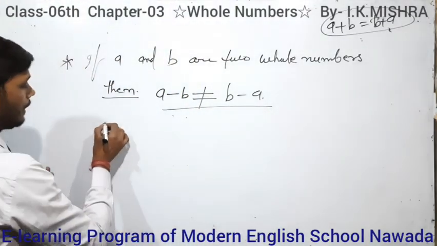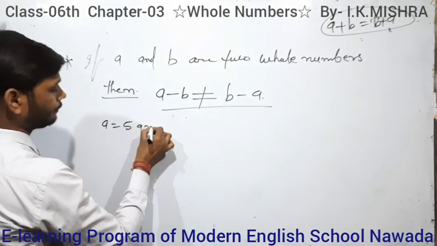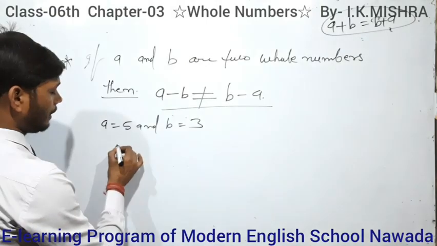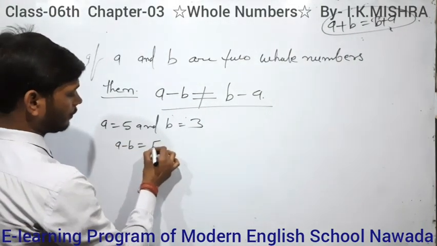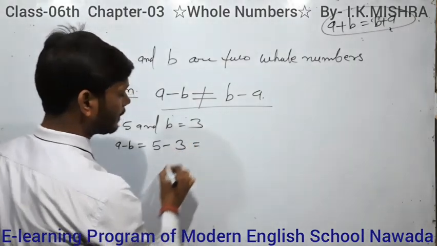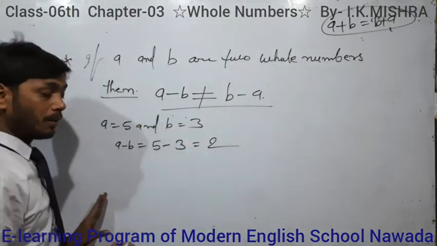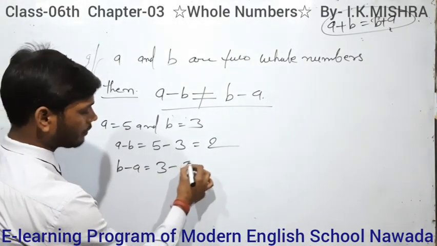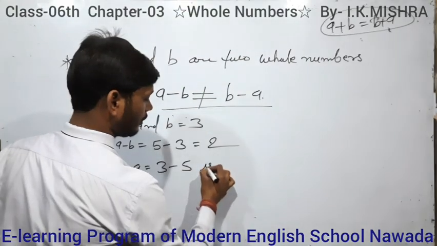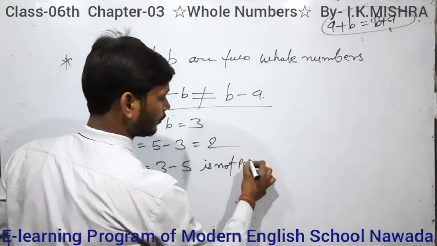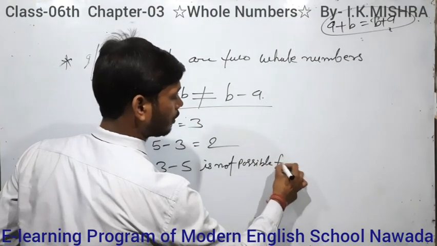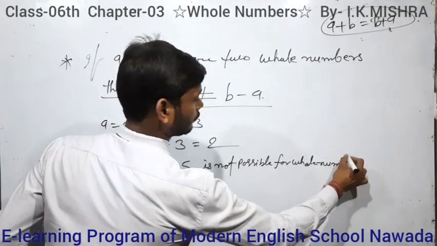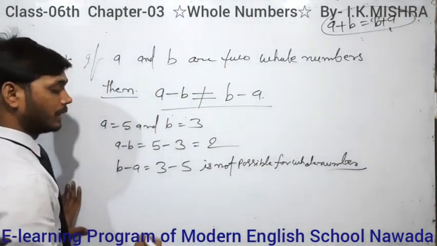Suppose A equal to 5 and B equal to 3. So A minus B equal to 5 minus 3 is equal to 2. But B minus A equal to 3 minus 5 is not possible for whole numbers.